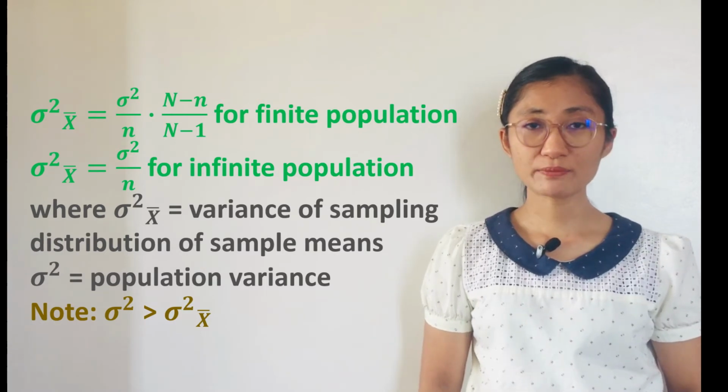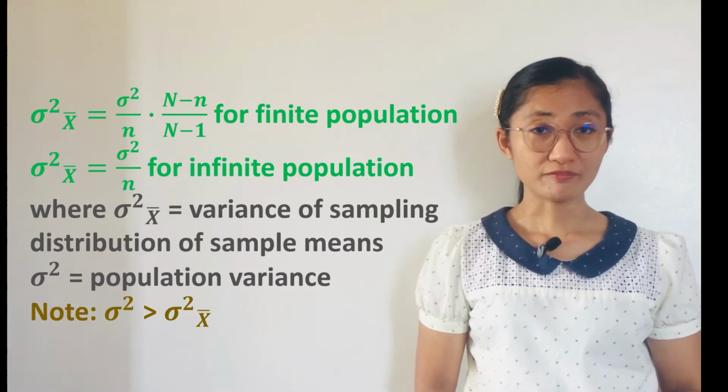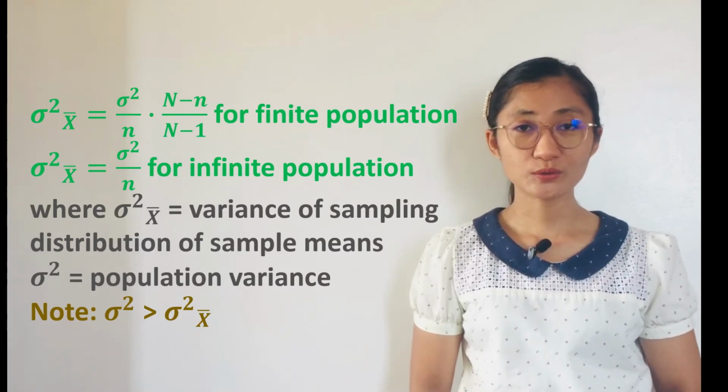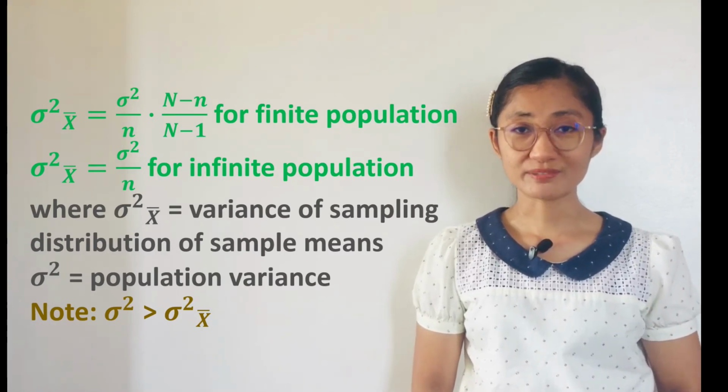And for infinite population, we have variance of the sampling distribution of means equals sigma squared over small n, the sample size.